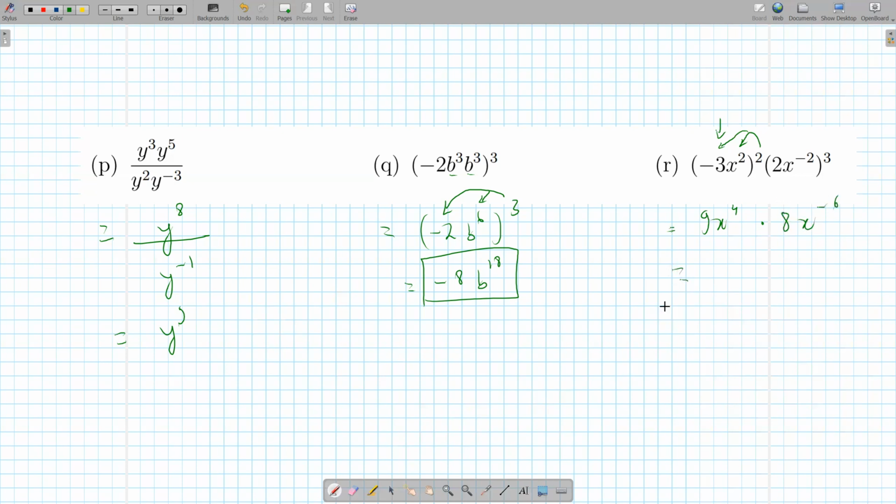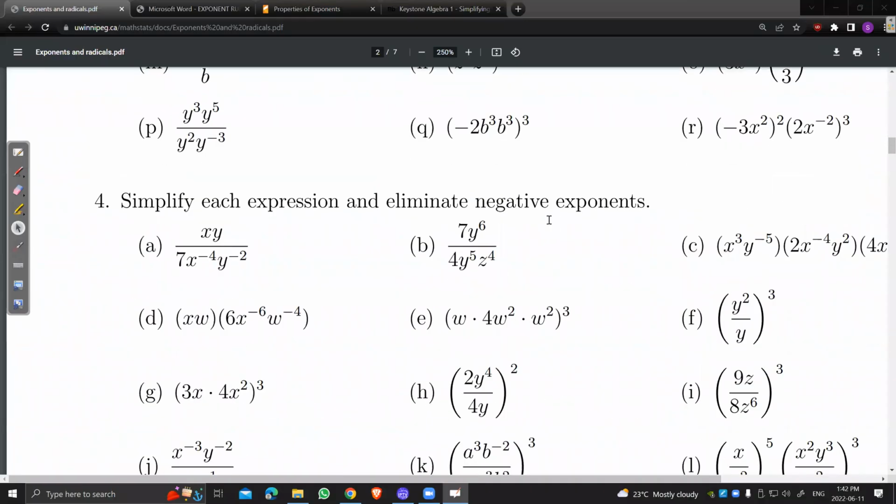What's the next step? You multiply the number with the number and the letter with the letter, okay? 9 times 8 is what, 72? What about the x's? You add the exponents. Right, so what do you get? X to the power of -2. Right, how do we make it positive? You put it under a 1. Yeah, or we already have a number there, so we're just gonna put it under the number. That'll be the final answer there. Cool. It's gonna get more difficult, but it's okay. We're ready.